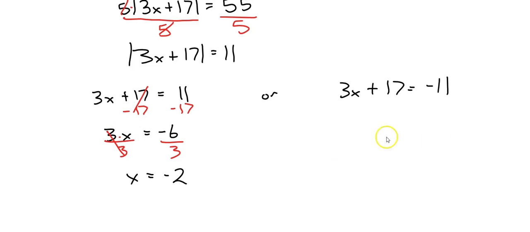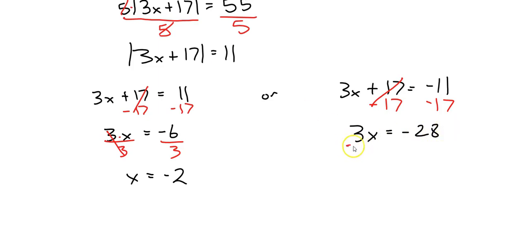Now we got to do it again. So same song, second verse. We're going to subtract off 17 because that's the inverse of addition is subtraction. We're going to do the same thing right here. Subtract off. That's going to reduce that. Going to be left with 3x equals negative 28.